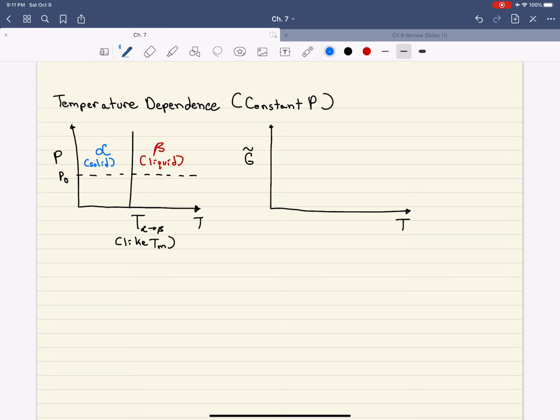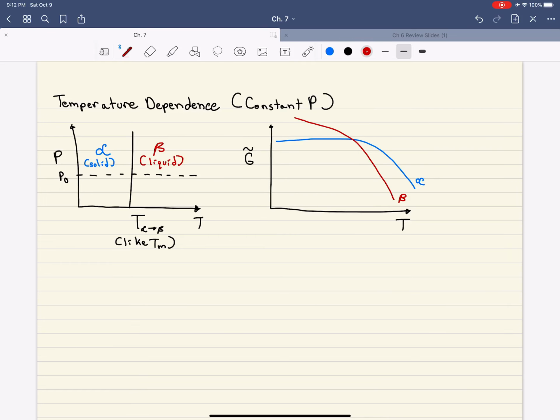Okay? And so let's say, for example, that this line represents the molar Gibbs energy of the alpha phase. Okay? And then this line represents the molar Gibbs energy of the beta phase.